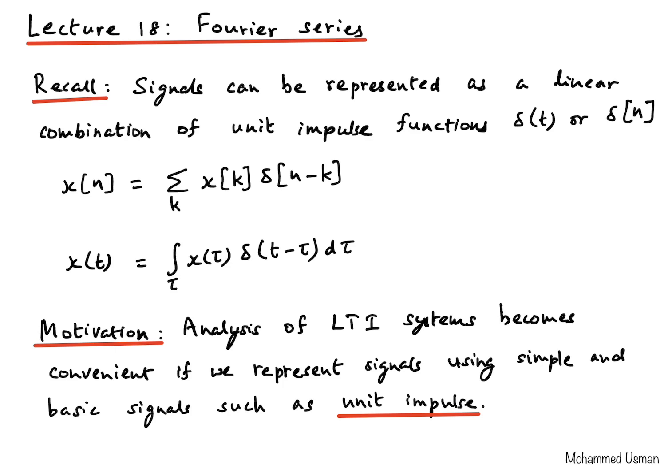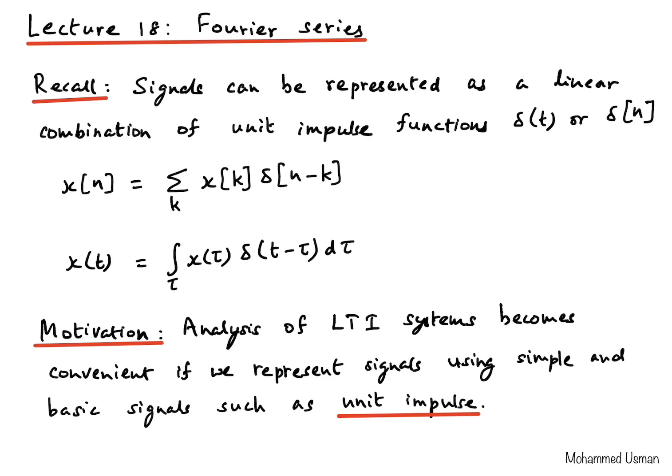Now, using the complex exponential signal in the linear combination to represent any other signal has some important properties, which we will see later. But the whole concept of being able to represent any signal as some simple basic signals like the unit impulse or the complex exponential makes the analysis of the systems much easier and convenient.